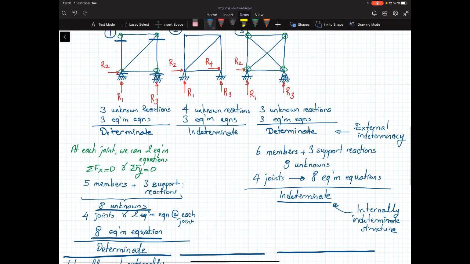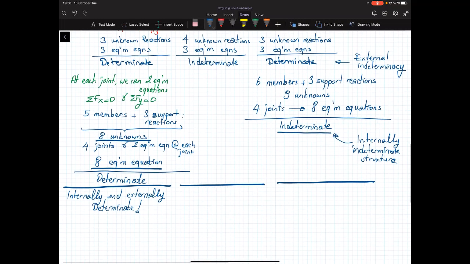Now the second structure is externally indeterminate but it's internally determinate structure. Because if I can calculate the support reactions by some other methods, I can determine all the truss forces by using the equilibrium equations.